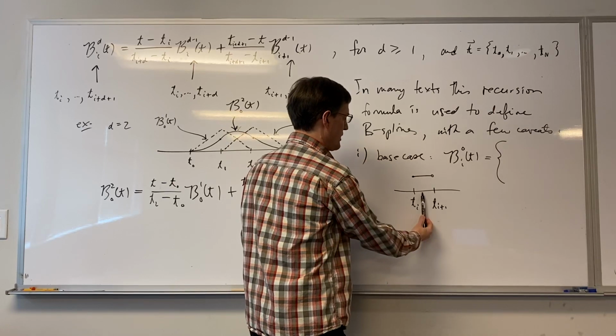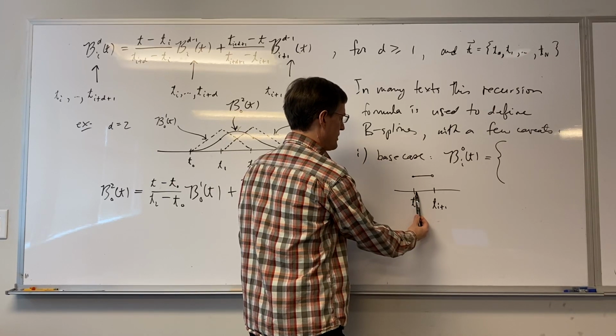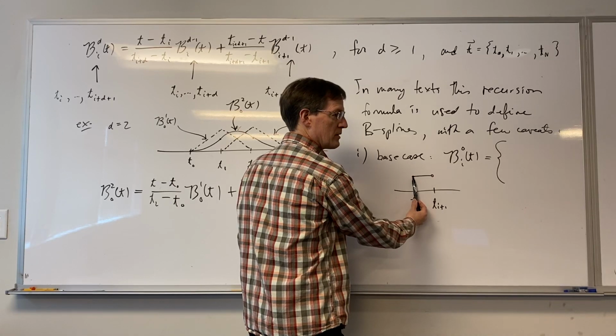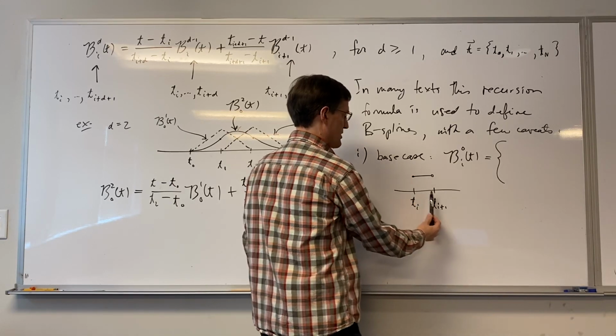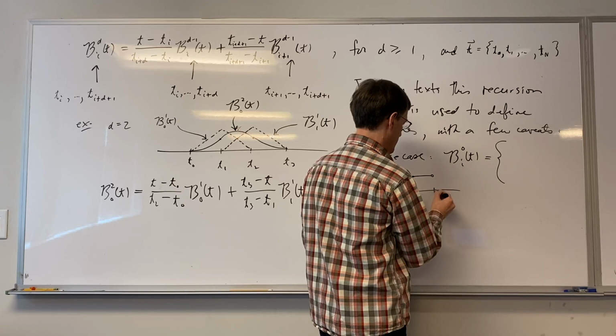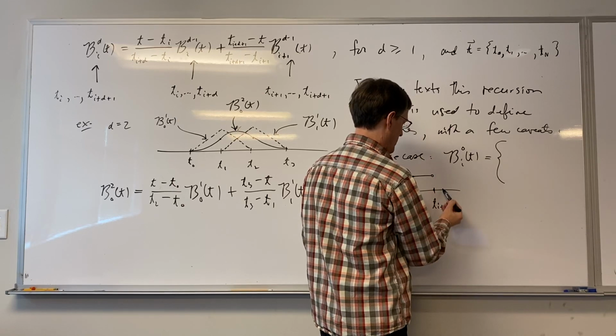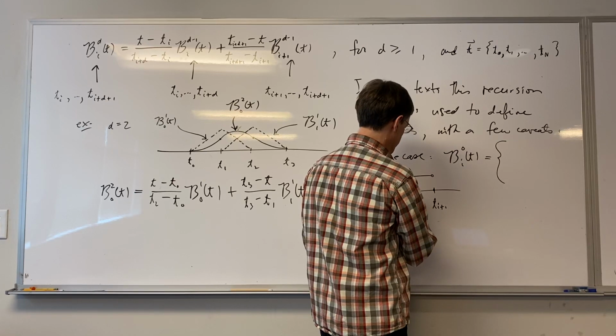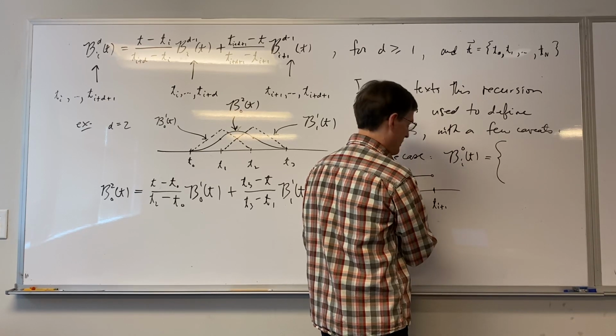As I approach t_i from the right, I am actually approaching the function value at the point t_i. As I approach here, again, the value is here, not up here. If I approach from the left, I have the value 0. I'm not approaching the function value, it has value 1.